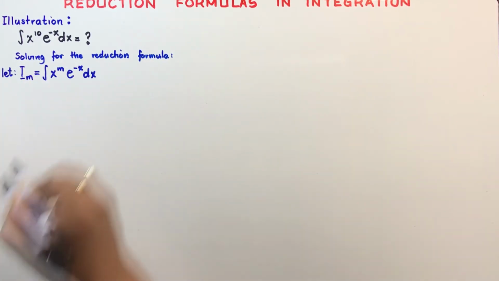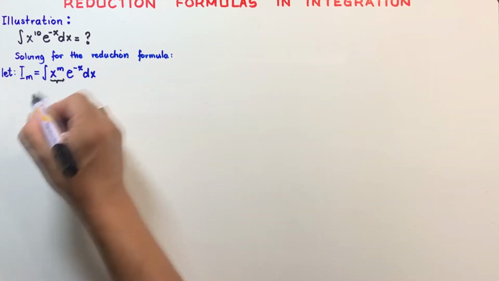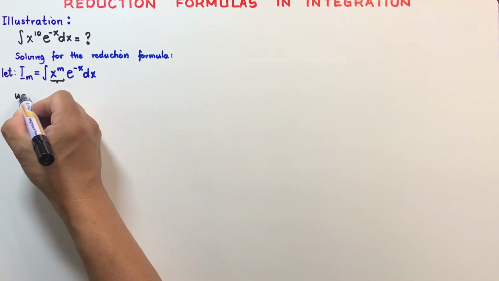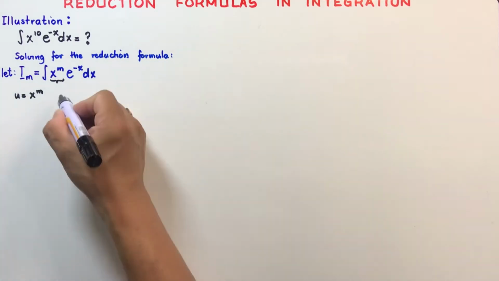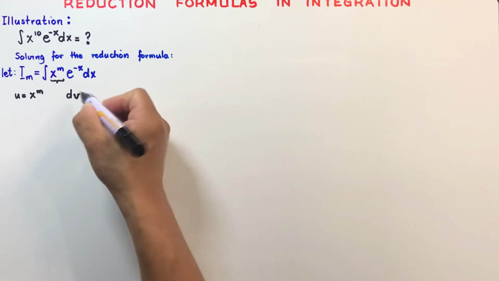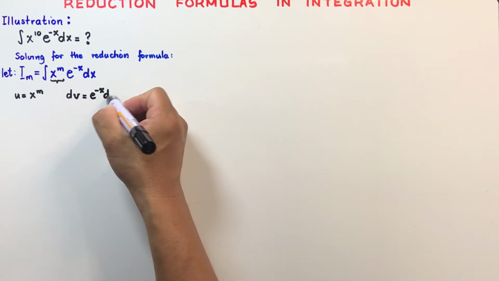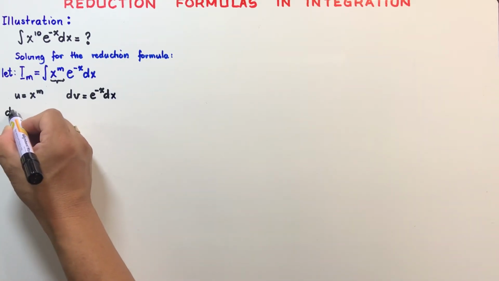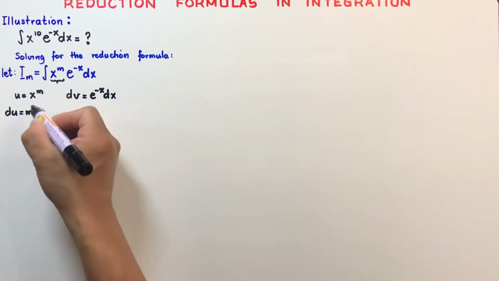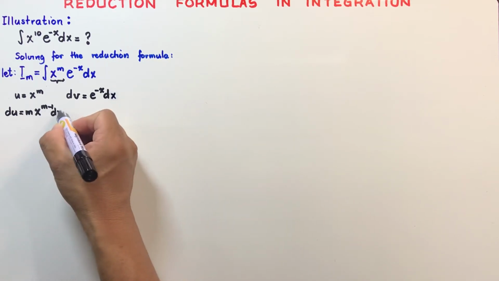So applying integration by parts, we let the first part as our u here. So u is x to the power m and our dv here is the e to the negative x dx, and solving for our du, we have m times x to the power m minus 1 dx.